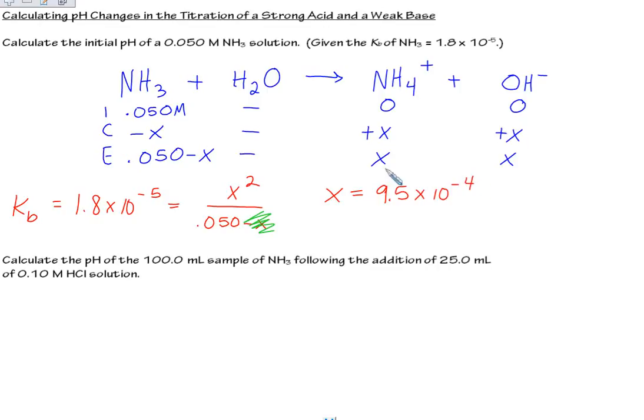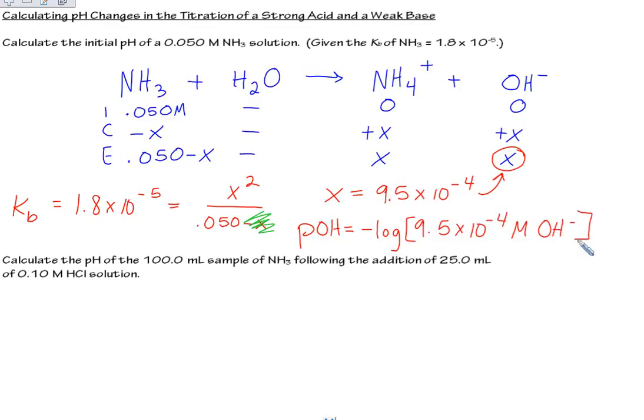Of these two products, the x that I'm really concerned with is the hydroxide. That's the sign of a base. So it might be easiest to take the pOH, which would be the negative log of the hydroxide concentration, 10 to the negative fourth molar hydroxide.